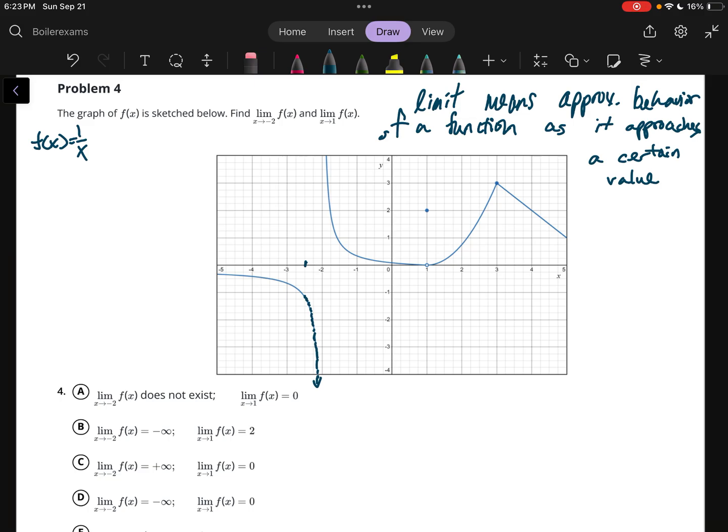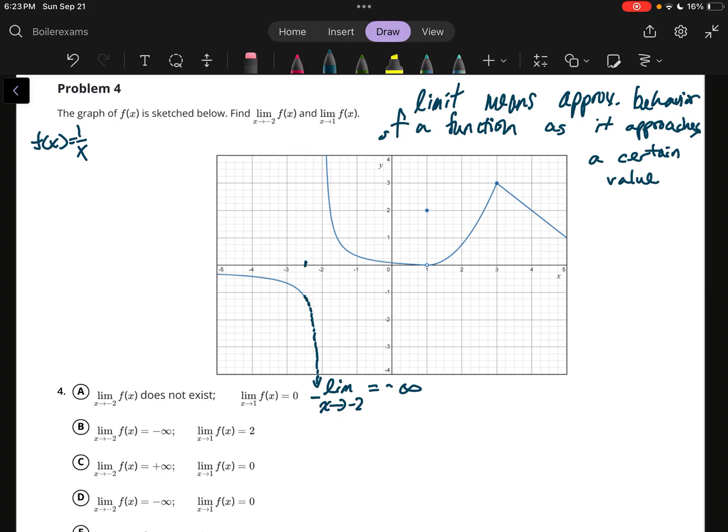And so on the left-hand side, we call this the left-hand side limit. I think we write it like that. So this is going to approach negative infinity.